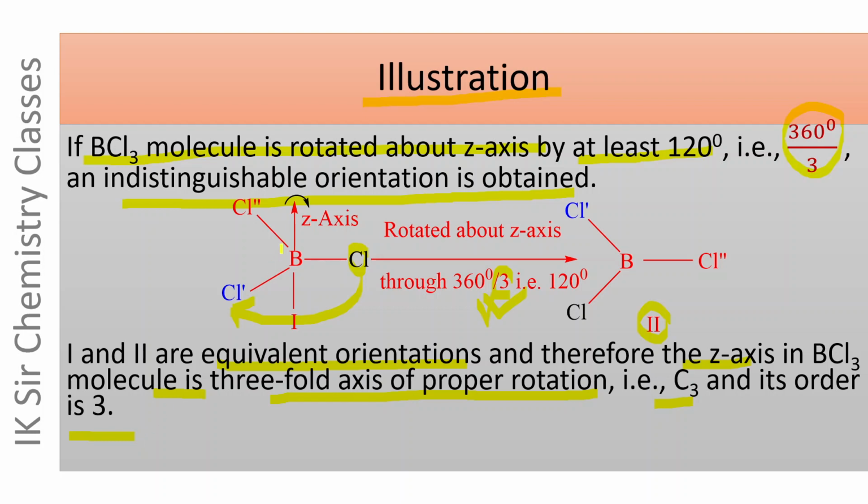If BCl3 molecule is rotated about Z axis through minimum 360 degree by 3, that is 120 degree, an indistinguishable orientation is obtained, and therefore the Z axis in BCl3 molecule is C3, that is threefold axis of symmetry, and its order is 3.